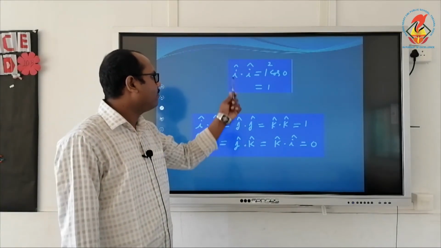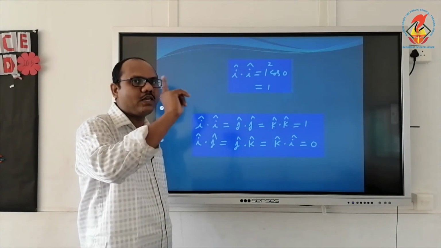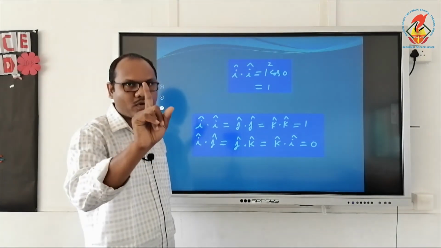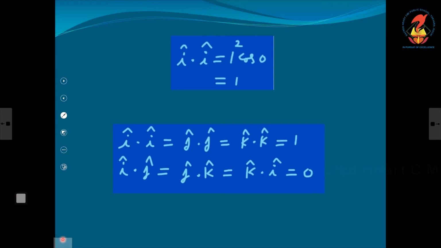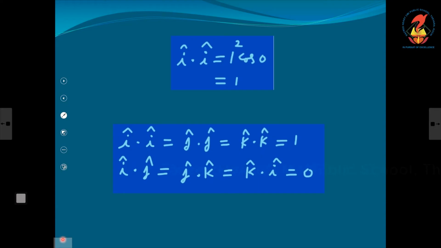So when I say vector i dot vector i, both are on the x axis itself and it is a unit vector, magnitude is 1. So 1 square into cos 0, answer is 1. In the same manner, I can write i dot i equal to j dot j equal to k dot k equal to 1.